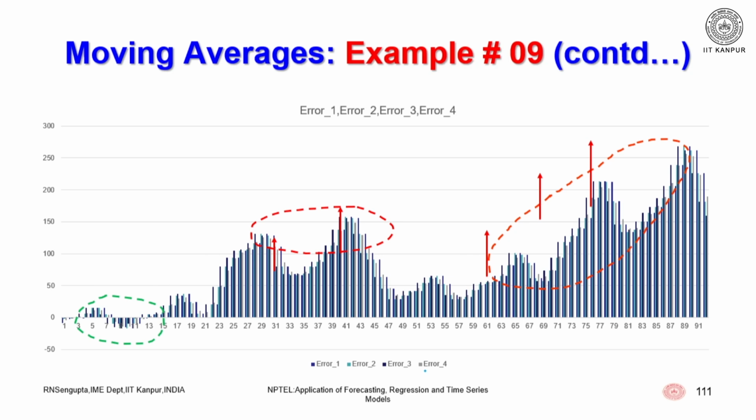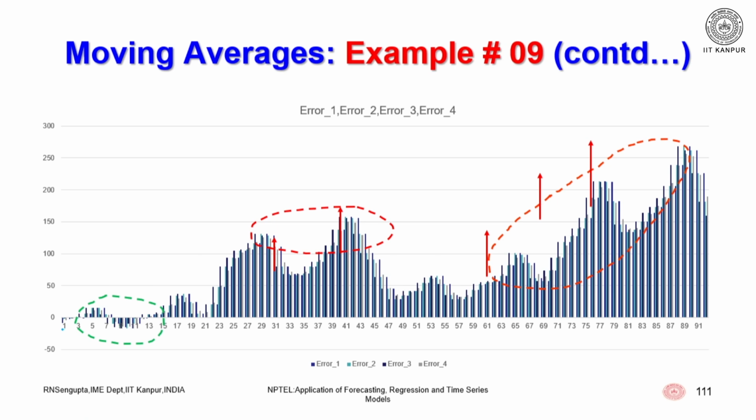And very interestingly, you see there is a pattern of the errors. Considering 3MA1, 3MA2, 3MA3 and 3 cross 3, you see the errors in the first half, when you are considering the number of data points to be about 90 here. These are along the x axis.